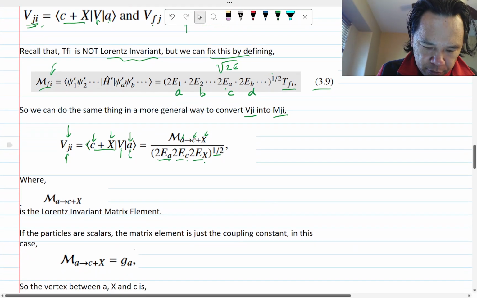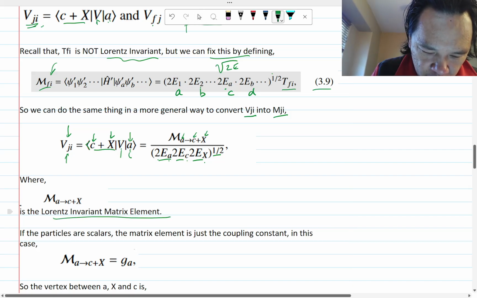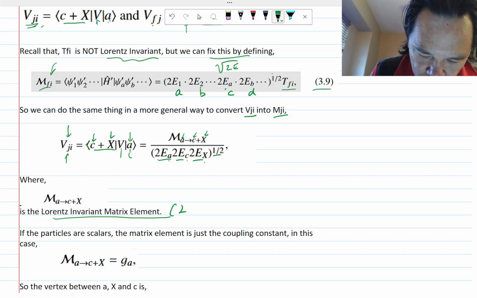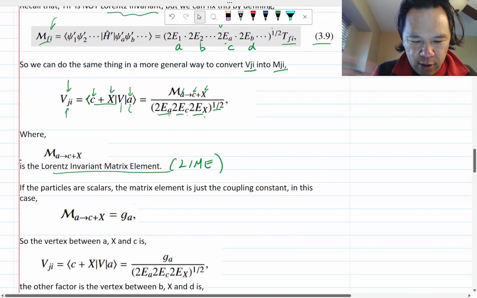And this M thing is known as the Lorentz invariant matrix element. I just created this shorthand line. I don't think other people use it, but it's kind of nice.